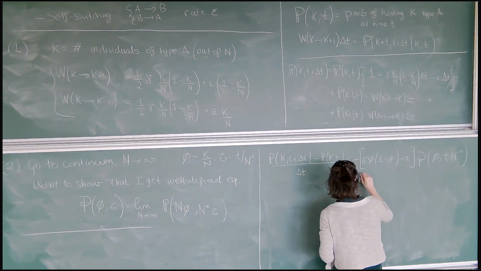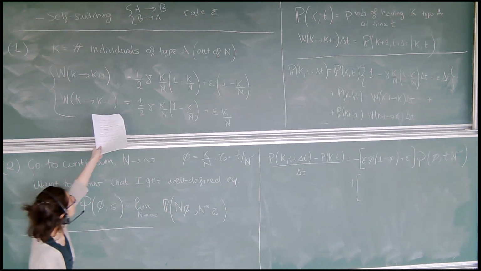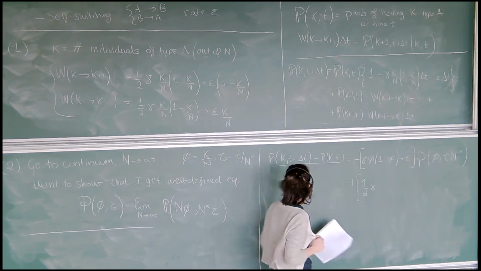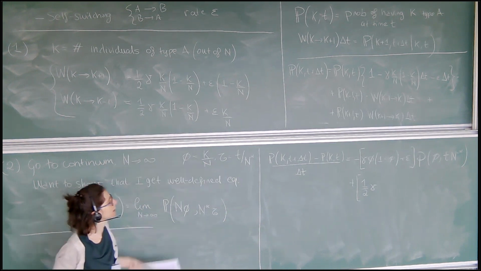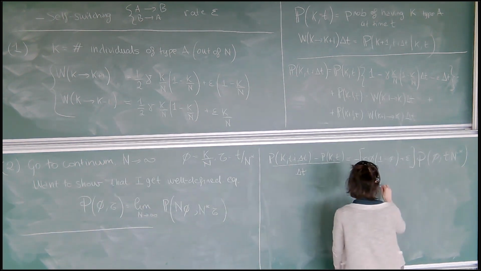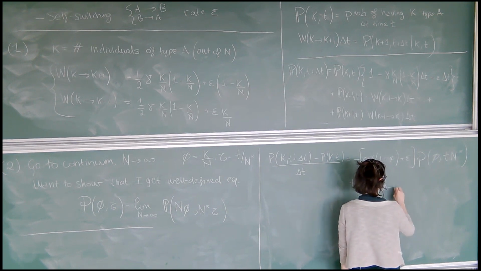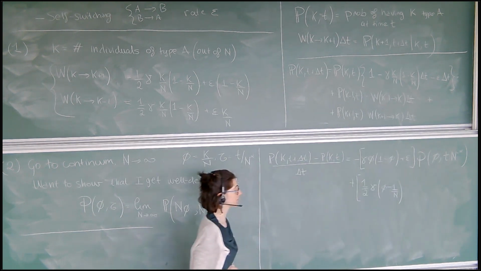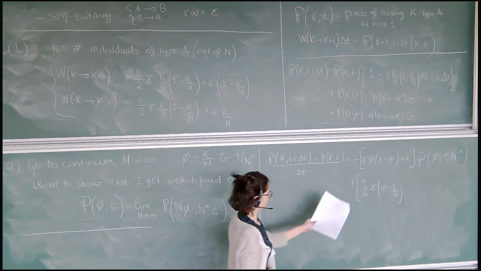So I will have in here plus, what is the rate from k minus 1 to k? It's the constant terms, so it's one half gamma. And then since I'm starting from k minus 1, instead of k over n, I will have k minus 1 over n. So k minus 1 over n is phi minus 1 over n. Do you agree? Because k over n is just phi, and then I have a 1 over n.